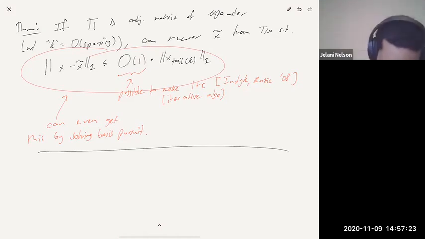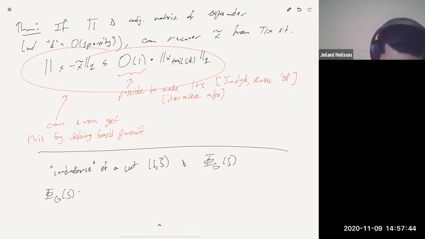You can define the sparsity of a cut, or the conductance of a cut, let's call it phi of S in the graph. The definition is the boundary of S divided by the minimum of the volume of S and the volume of S bar.